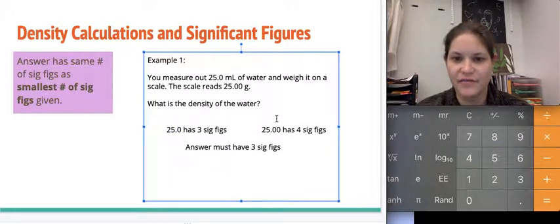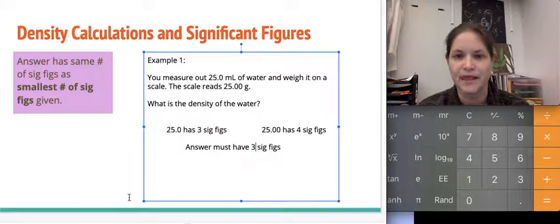And then the 25.00 has 4 sig figs. Our answer must have the same number of sig figs as the smallest value of sig figs in the problem, and that's 3. Our final answer can't have 4 because then that would mean that this would have to be more significant. We can only go with the smallest number of sig figs, so that's why the answer has to have 3 sig figs.